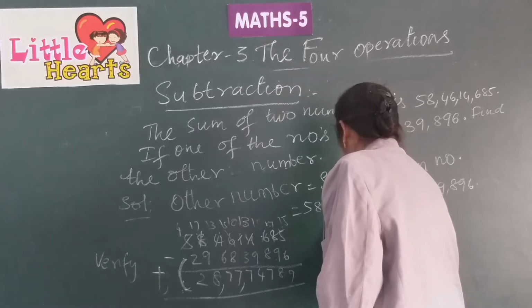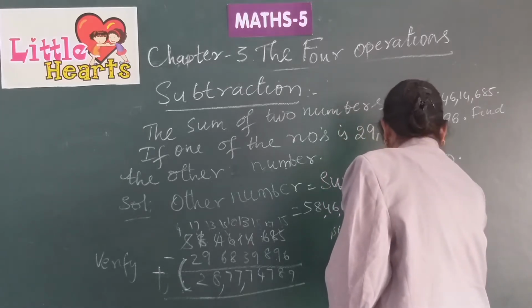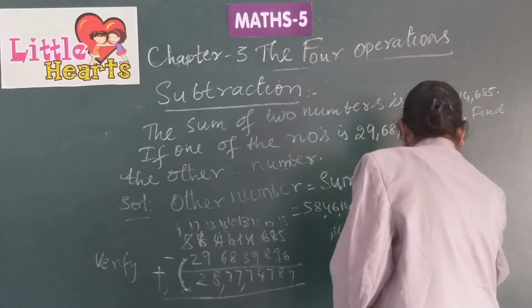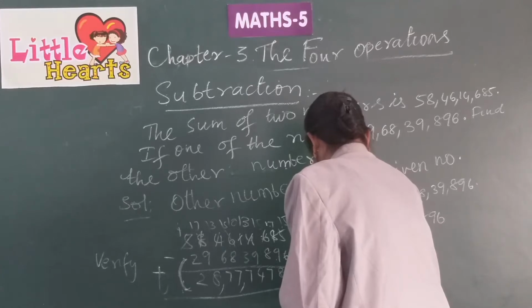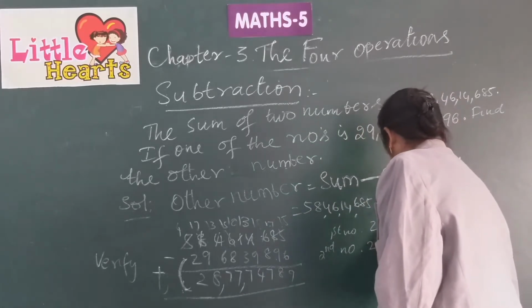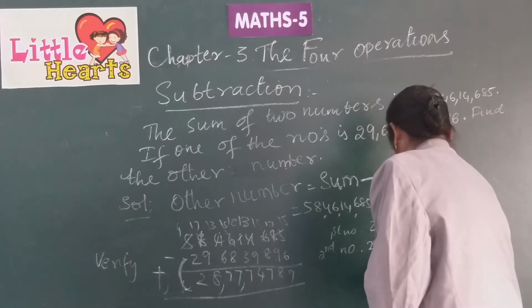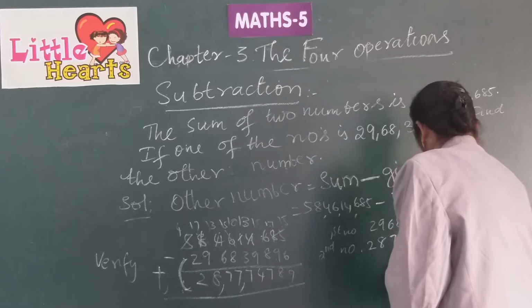First number is 29 crores 68 lakhs 39,896. The answer we got, the second number is 28 crores 77 lakhs 74,789.